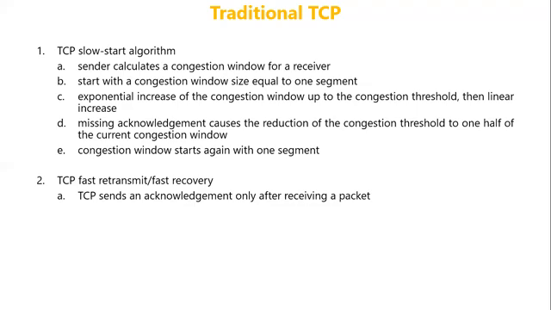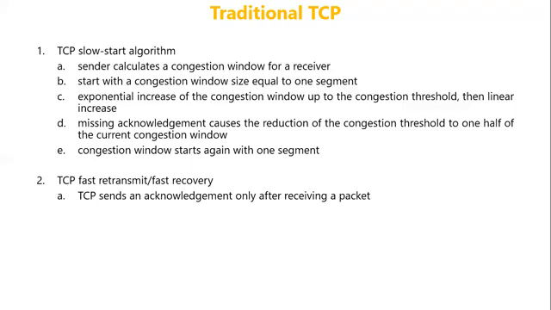In that case, again there can be two cases. Either the acknowledgement may be missing, or sometimes the receiver may send duplicate acknowledgements. Duplicate acknowledgement also means that some packets are not received at the receiver end. In either case, the sender sets the congestion threshold to half of the current congestion window.